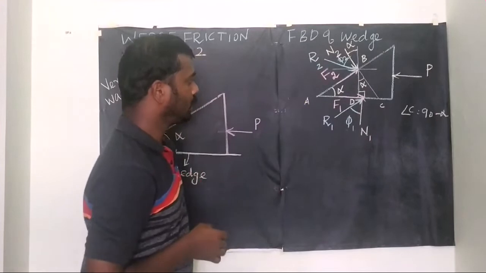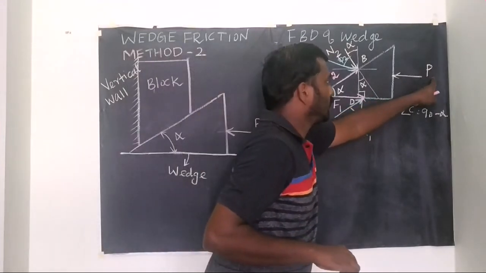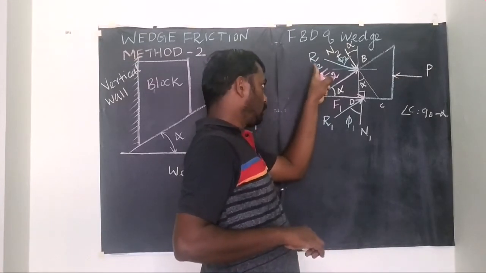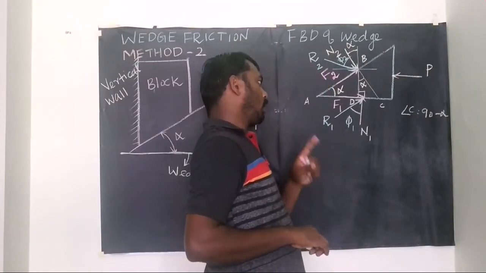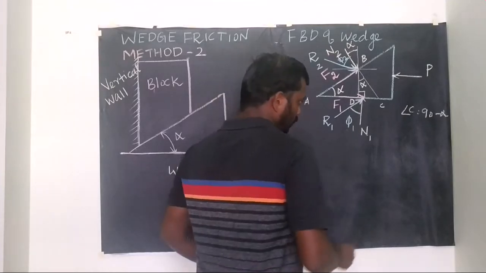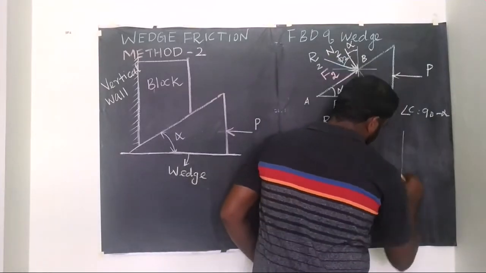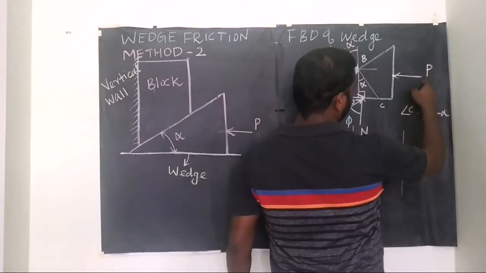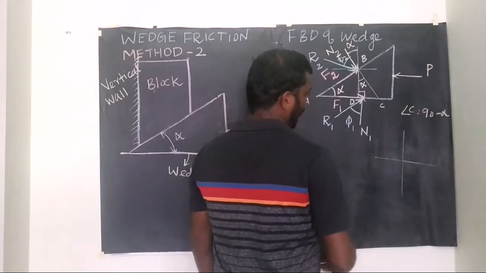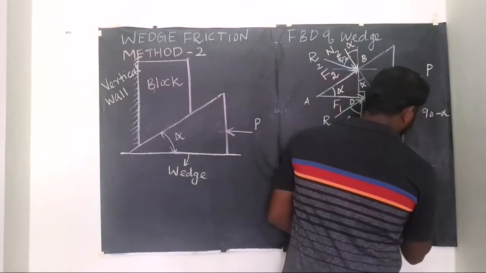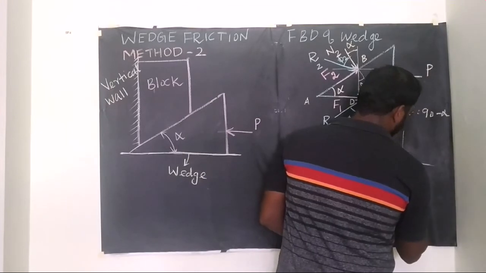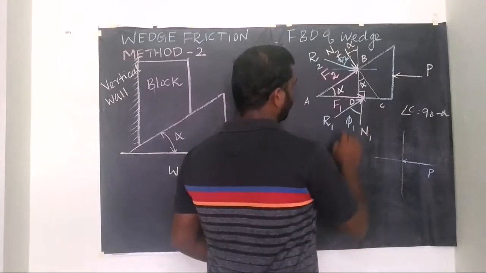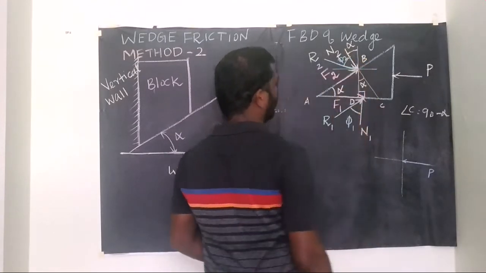Then I am going to take this external force P, the reactive resultant force R2 and the resultant force R1 separately. This is my reference vertical and horizontal line. Here the applied force P acts in the horizontal direction. This should be mentioned here, horizontal force P. Then this angle is phi, this angle is alpha, this angle is phi.